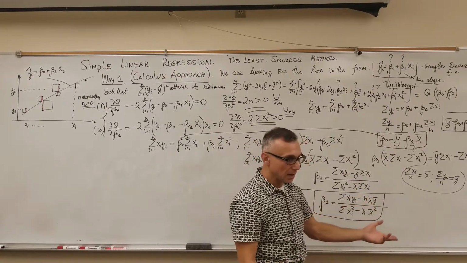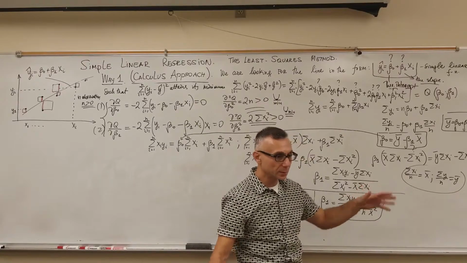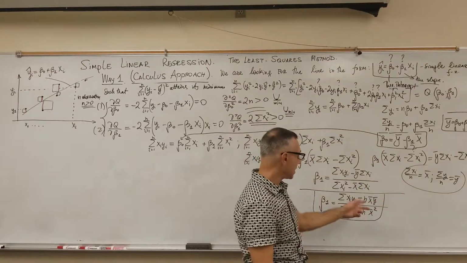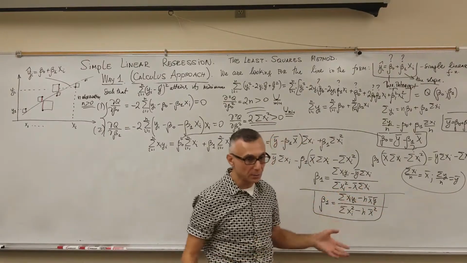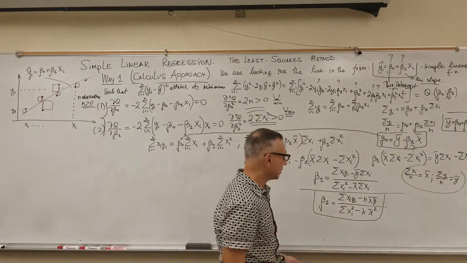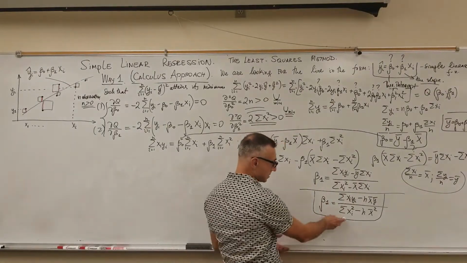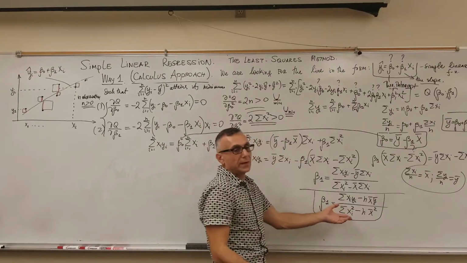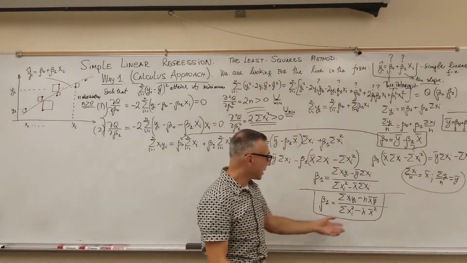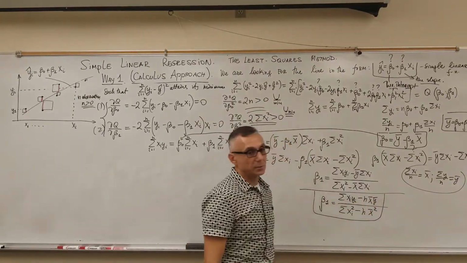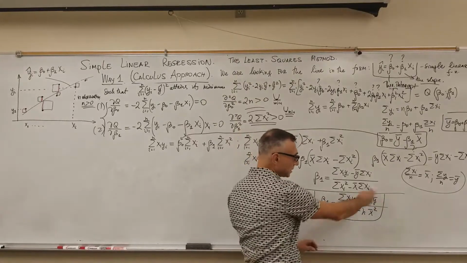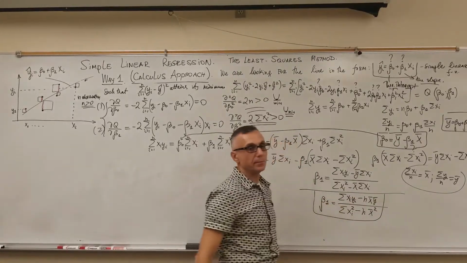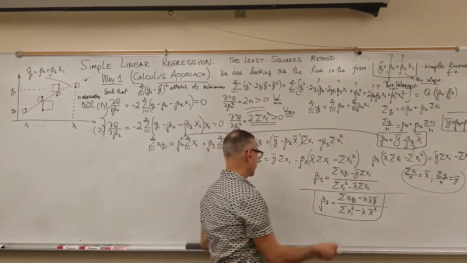X bar is the sum of the inputs divided by n, a simple average. Y bar is the sum of all the observed outputs divided by n, a simple average for the outputs. The denominator is the summation of the squares of all the inputs minus n x bar squared. Everything is given, so we can find beta 1.